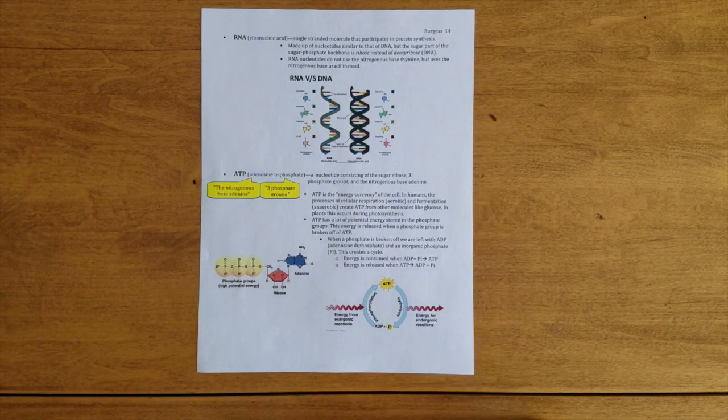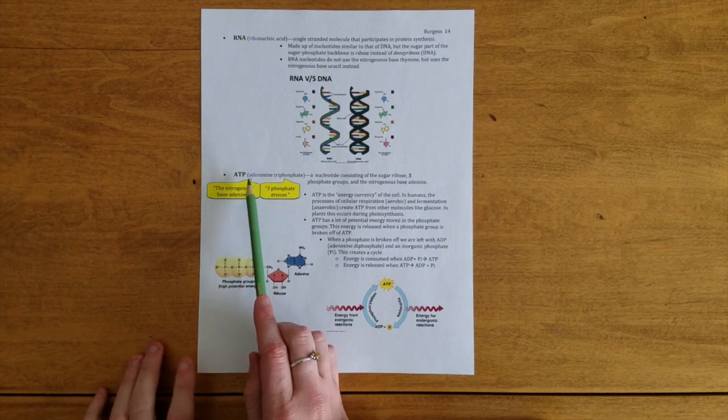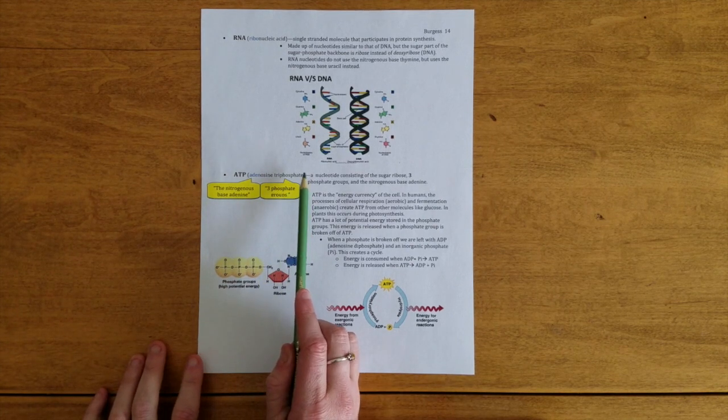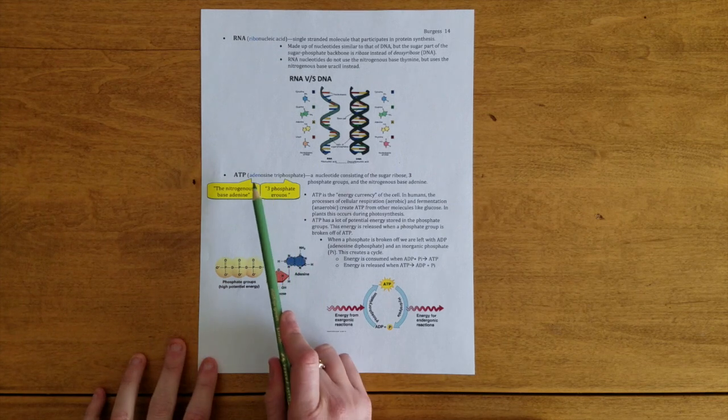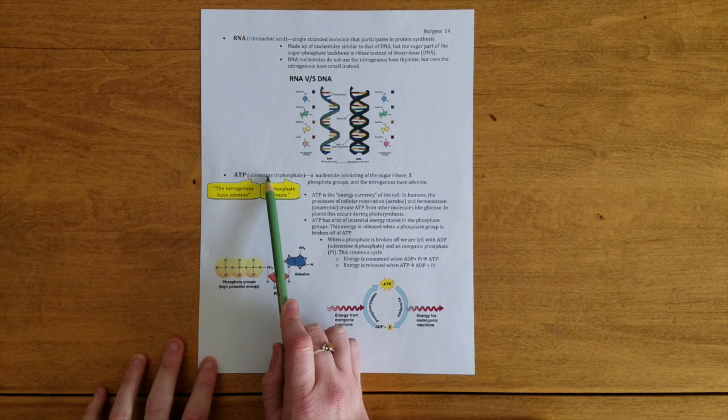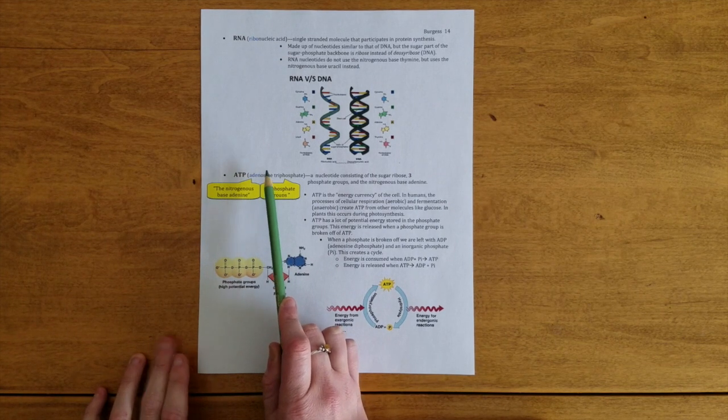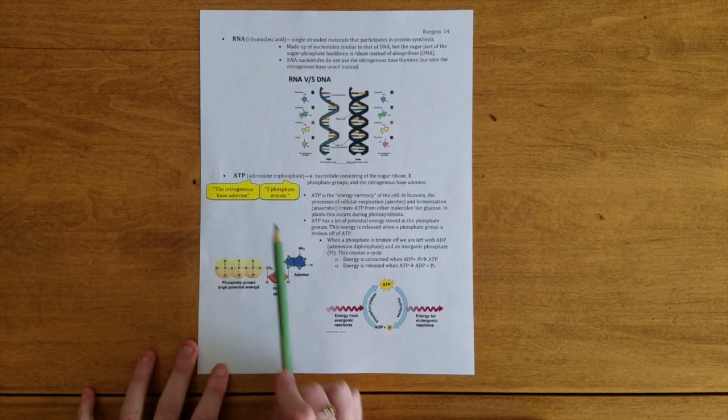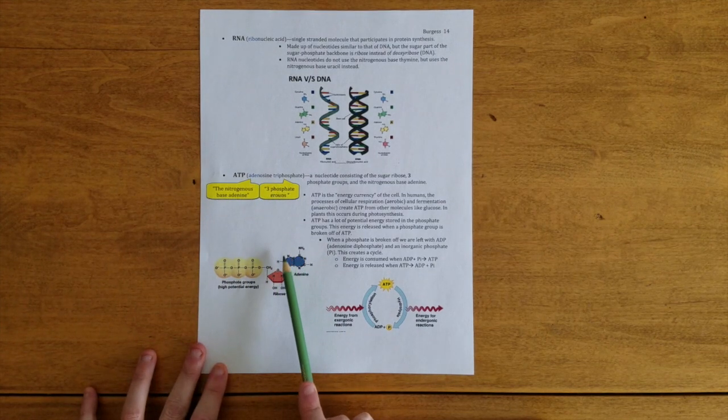So ATP is really similar to the nucleotides that we were just talking about. Let's break down the word. ATP stands for adenosine triphosphate. Adenosine is basically the nitrogenous base adenine, which was one of our purines. So that's adenine right here.